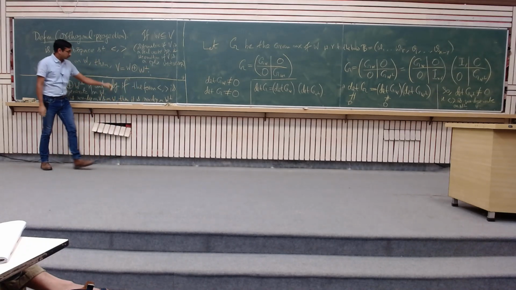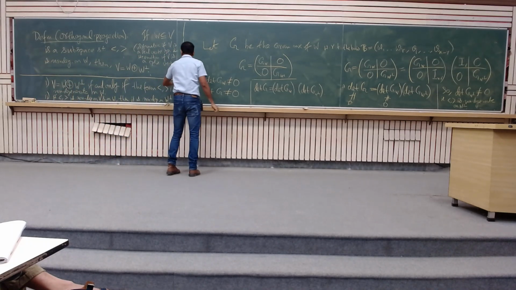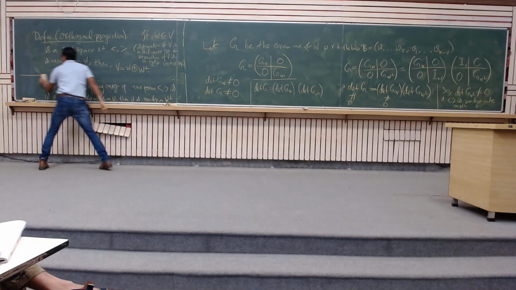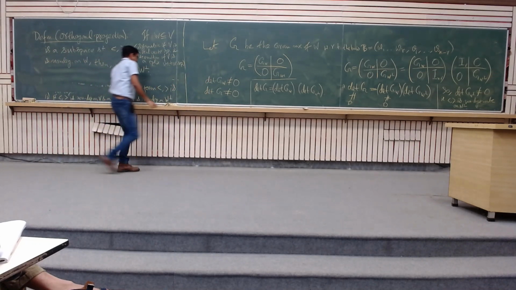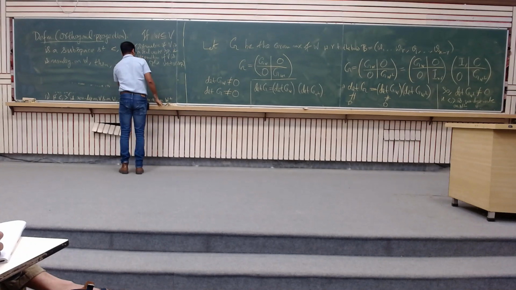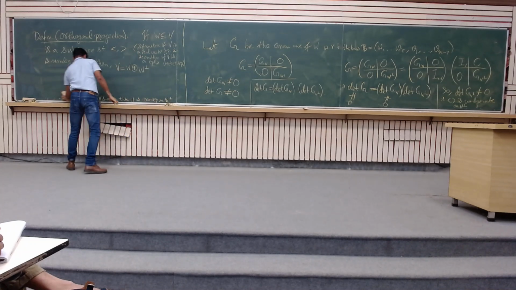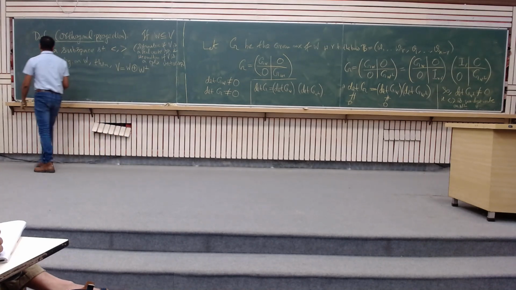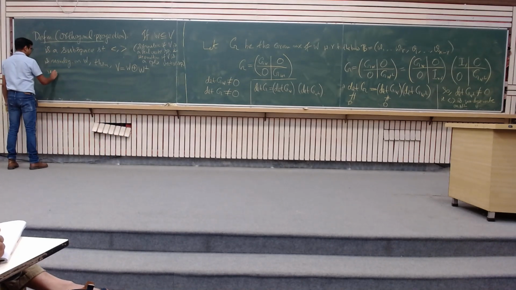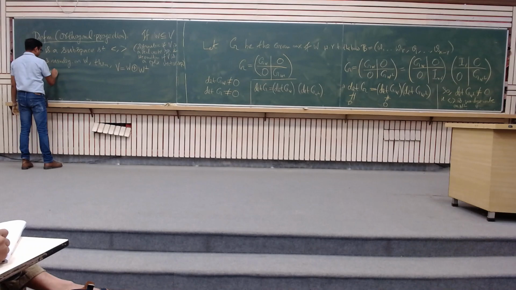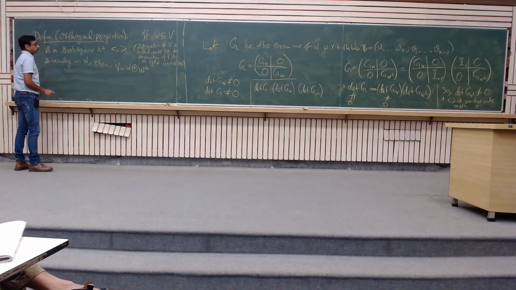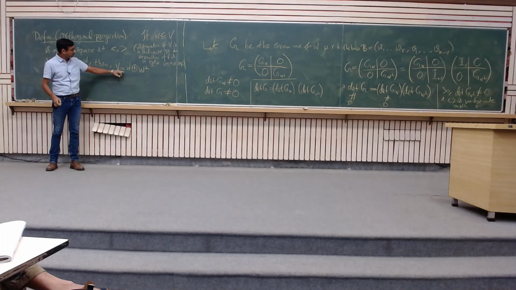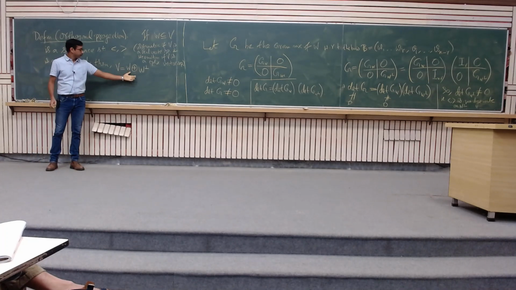So let's write the theorem now. What we want to say is that given a v in V, it can be written uniquely as an element in W plus an element in W perp.